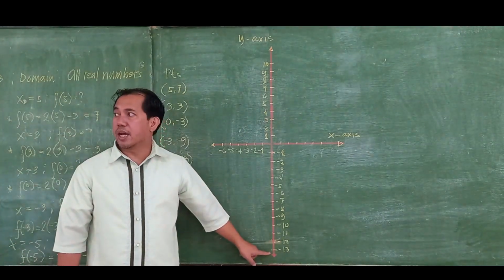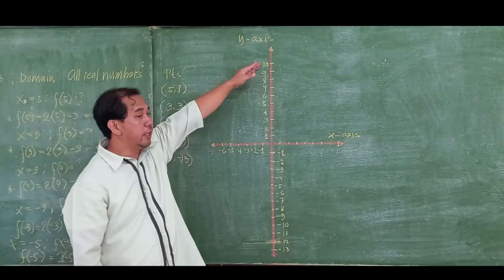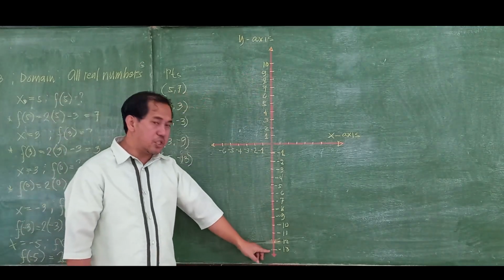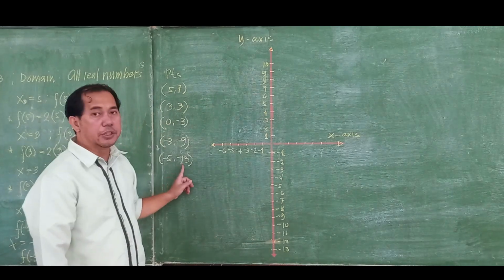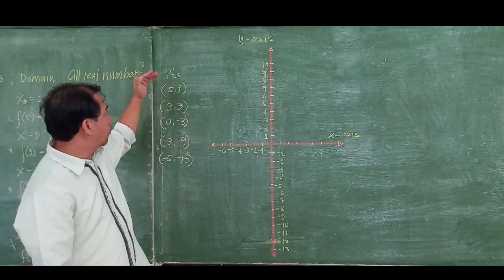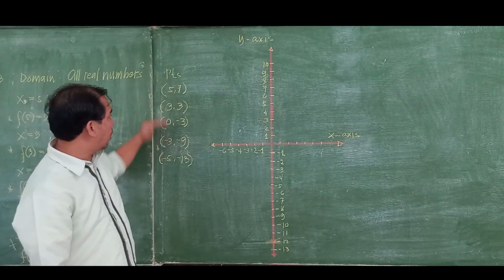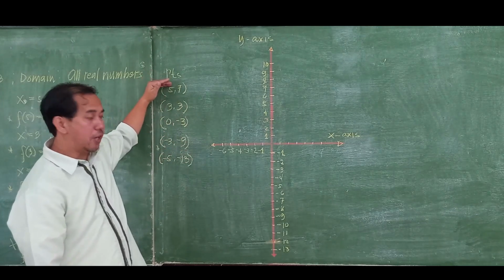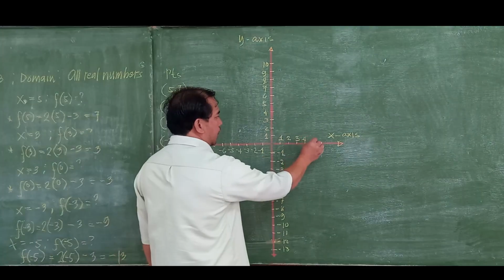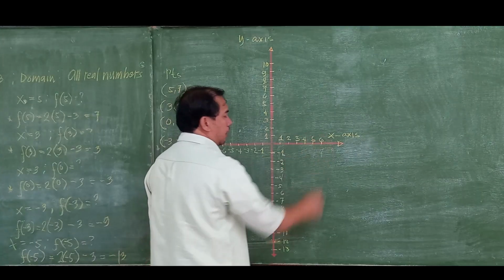In my y-axis, the maximum y is 10, just to include 7, and the minimum y is negative 13. Now what about the values of x? Our values of x are stated already, from positive 5 going to negative 5. You can plot them now.